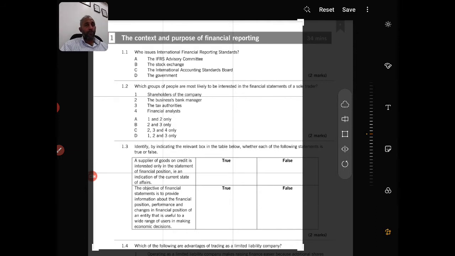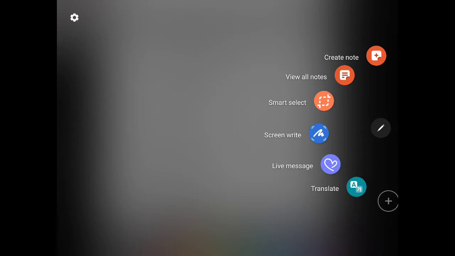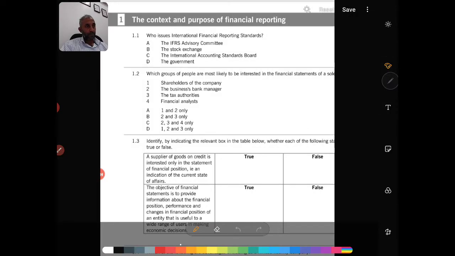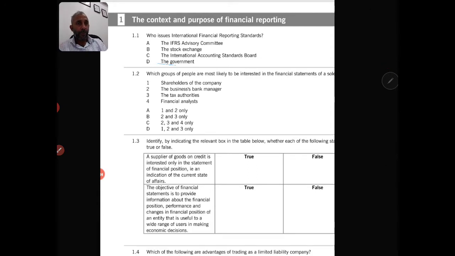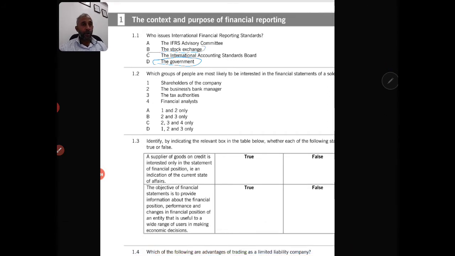Now, we have some obvious answers which are not the correct answers here. Let's analyze that. The government has nothing to do with issuing financial reporting standards. As well, the stock exchange.